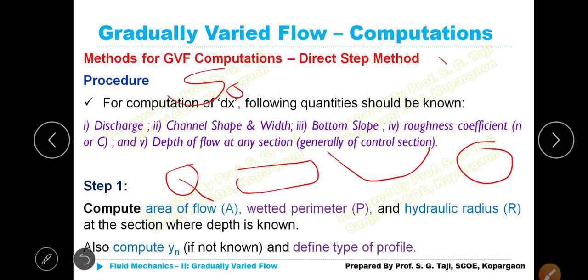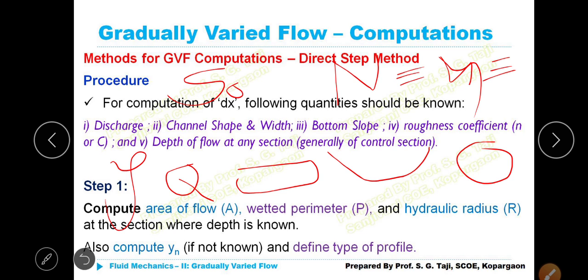Roughness coefficient, rugosity coefficient, small n or capital N. Depth of flow, y, at any section, generally the control section we make use of.